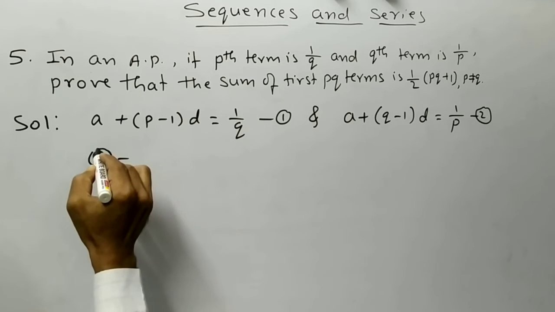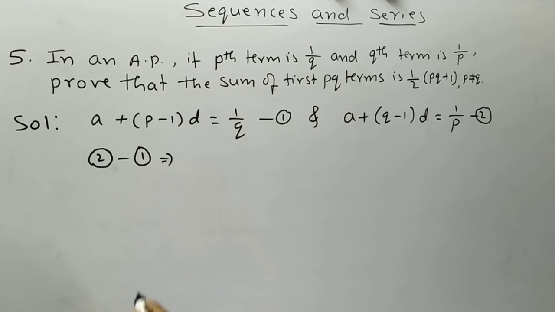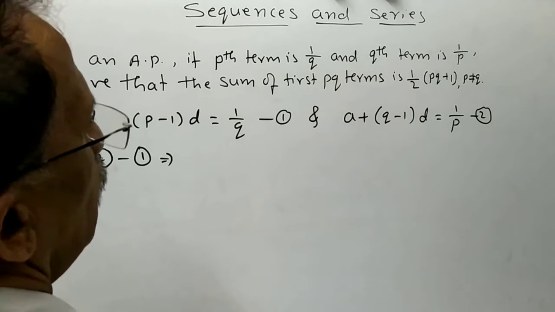2 minus 1 implies a minus a will get cancelled.